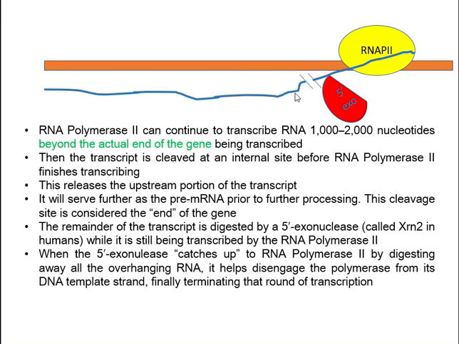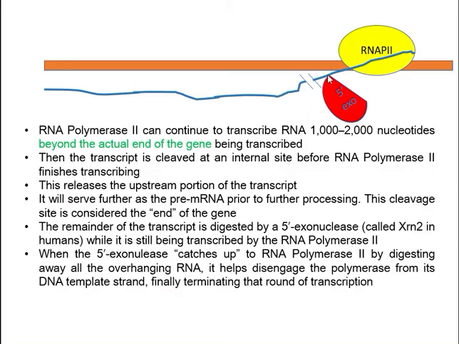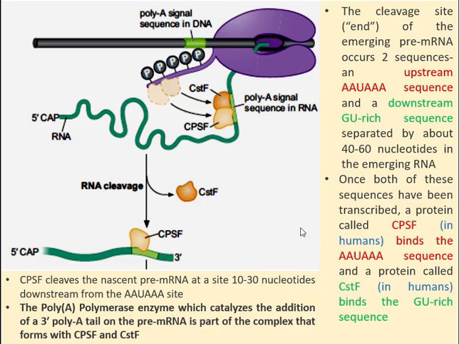So, CPSF binds here and CSTF binds here and it will be cut here, and they are involved in the tailing process also, and by that time the 5' exonuclease will cut off all the remaining ribonucleotides from this unwanted part of the transcript. RNA polymerase II is now free. So, this finishes the steps of transcription in eukaryotic cells.